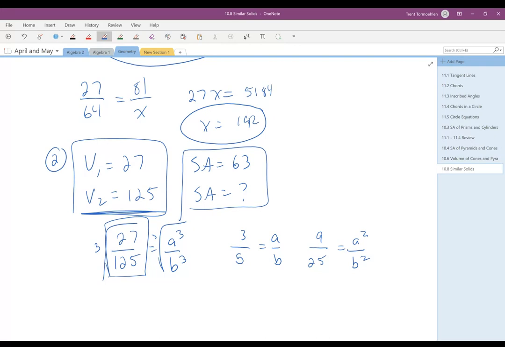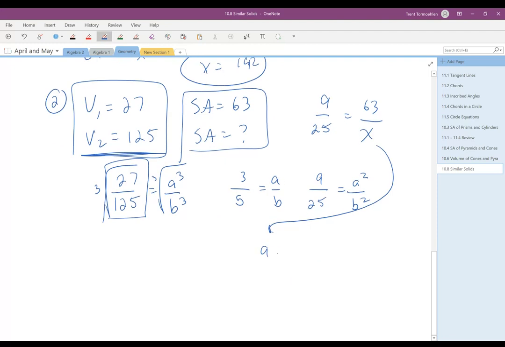Now I can solve the problem. 9/25 equals 63 over what I don't know. I cross multiply, and I get 9x equals 25 times 63, which is 1575. Divide through by 9, and x equals 175.